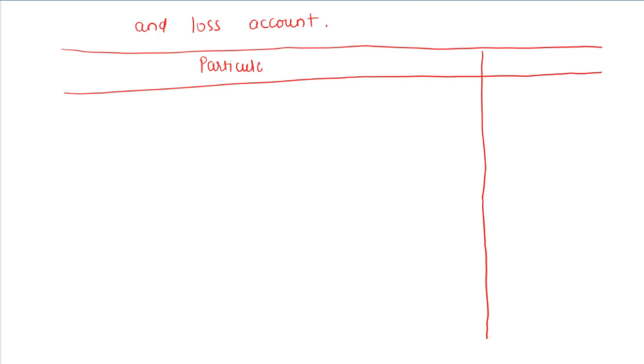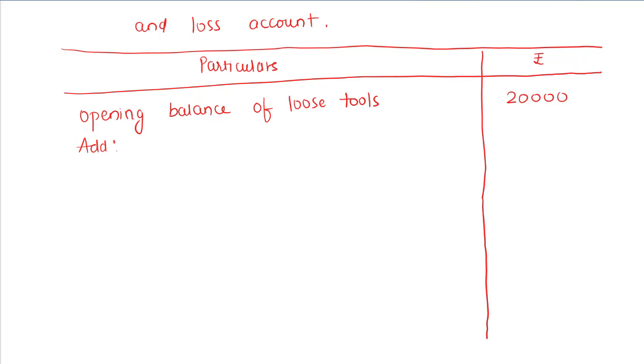Particulars, rupees. Opening balance of loose tools, 20,000. Add, purchased during the year, 10,000.